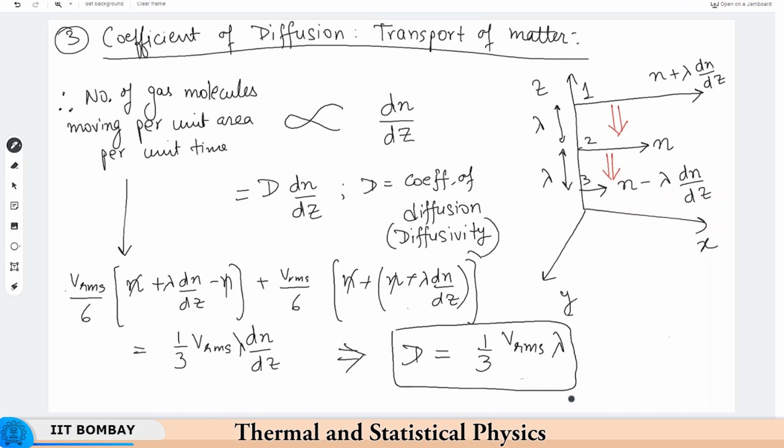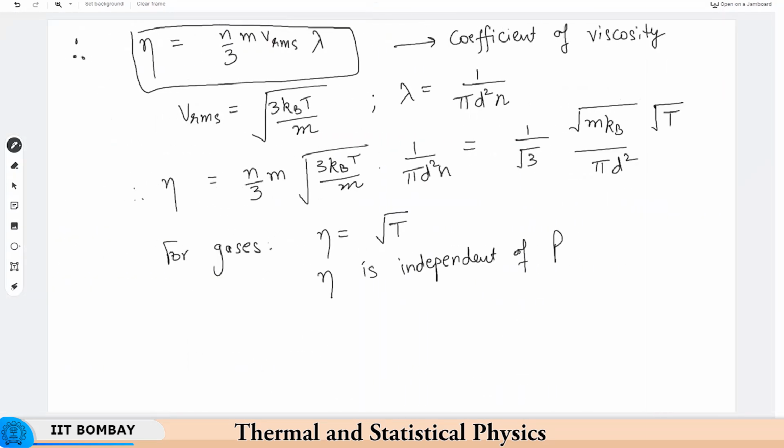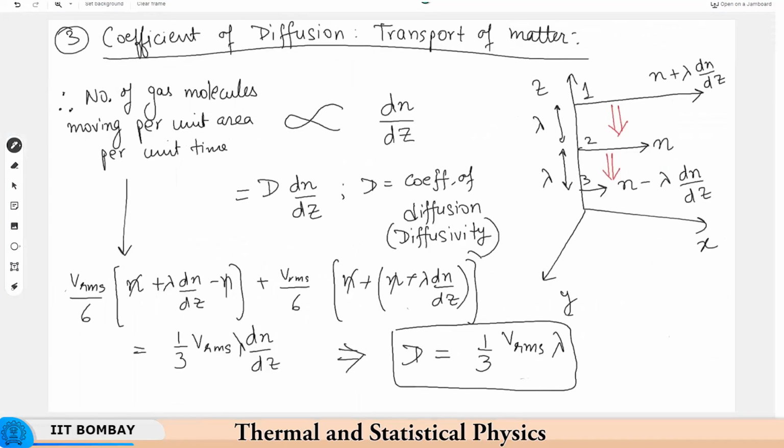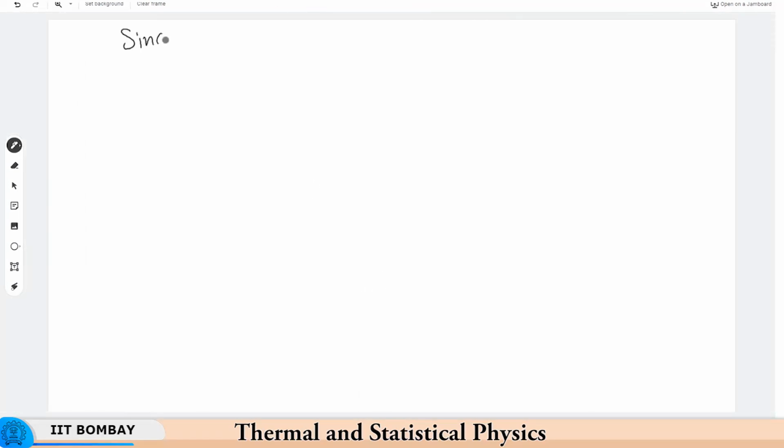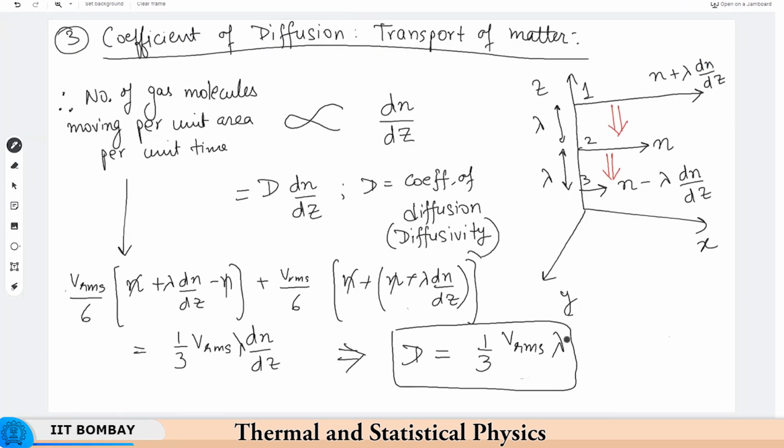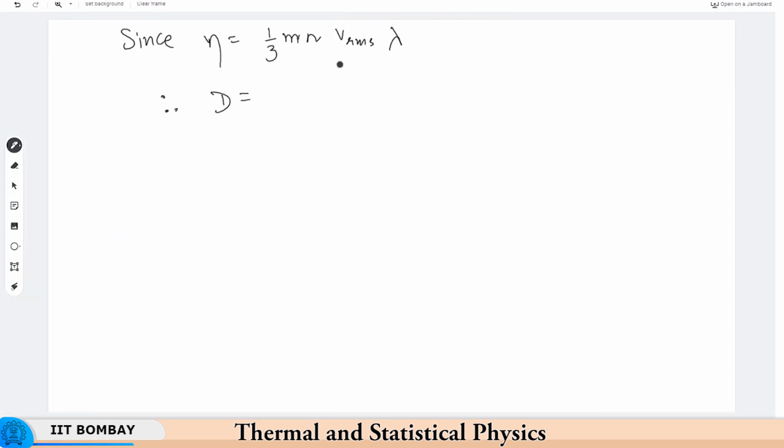All right. But remember, we saw that viscosity eta, the coefficient of viscosity, is 1 by 3 times m times n times V RMS times lambda. So, therefore, D simply becomes, what I will do is substitute for lambda from this expression.